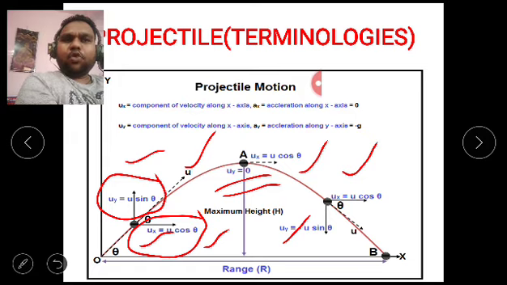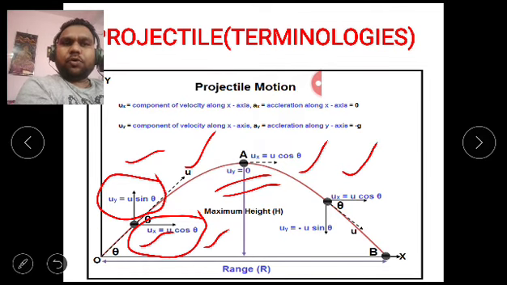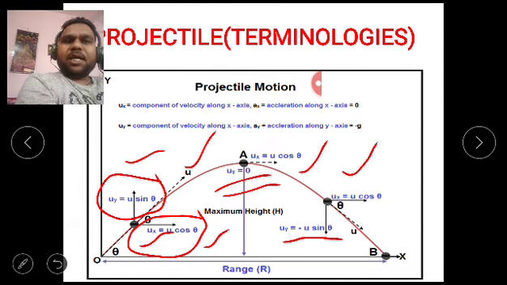Okay, there will be uy equal to minus u sin theta after reaching the highest point, and the horizontal component will remain the same. In fact, when we consider there is no air resistance acting on the projectile, the horizontal component of the velocity will remain the same throughout the trajectory, and the vertical component of the velocity will keep on changing.